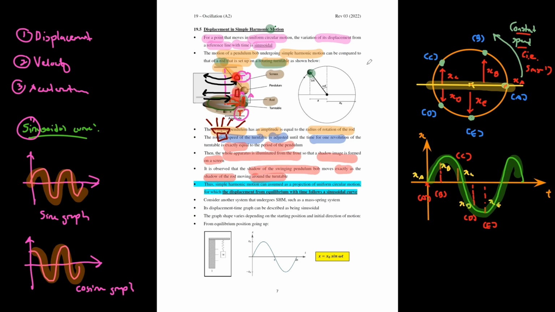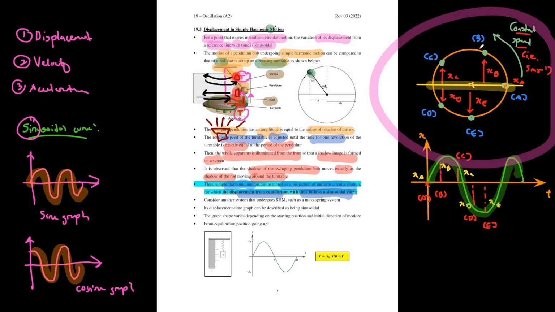Okay, so it's from here that you can come to one conclusion: simple harmonic motion can be assumed to be a projection of uniform circular motion, for which the displacement from equilibrium with time follows a sinusoidal curve. Just now earlier, I mentioned to you that when something moves in a circle with constant speed, its displacement with time tends to follow a sinusoidal curve.